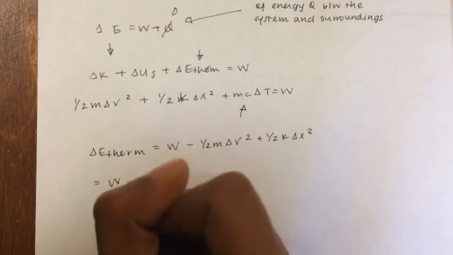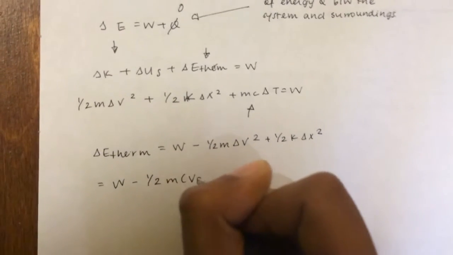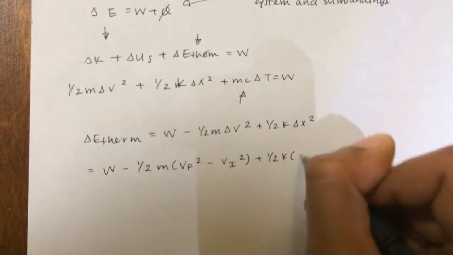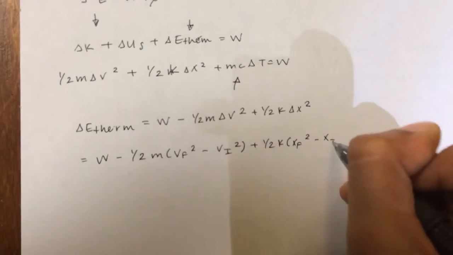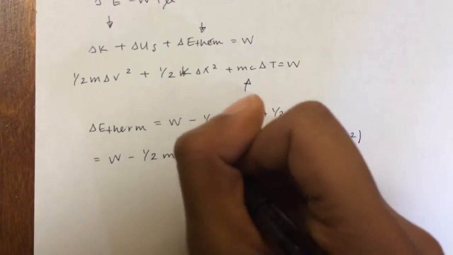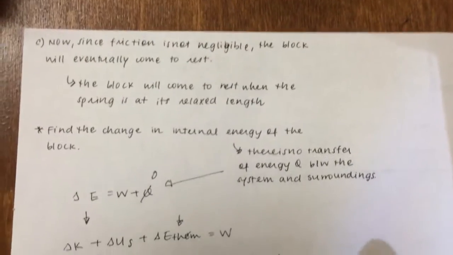Now, what we can do is W minus 1/2 m (v final squared minus v initial squared) plus 1/2 k (x final squared minus x initial squared). And the final terms are equal to 0 because it stops at rest, as stated in the problem, because it eventually will come to rest.